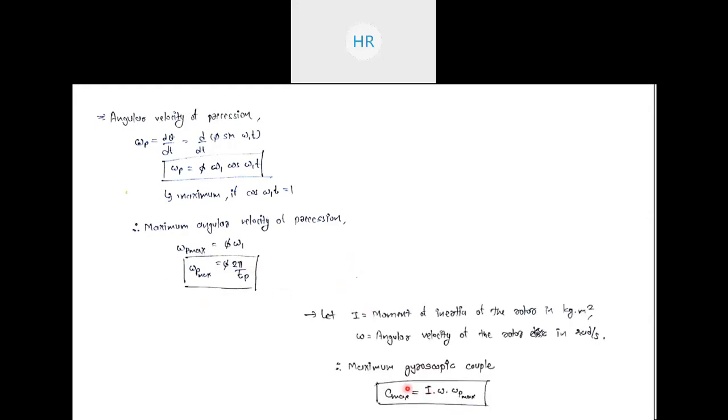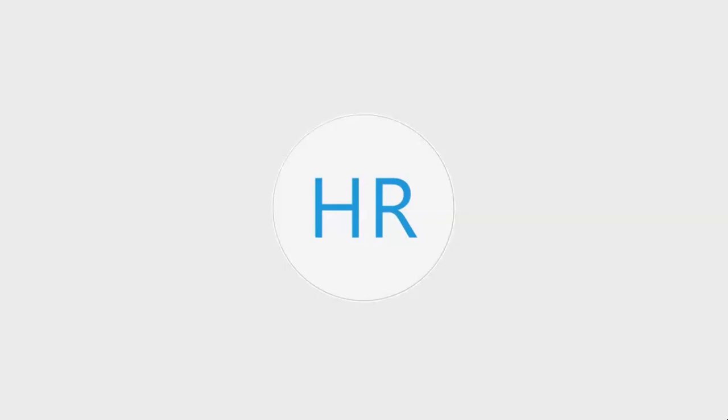So આ જે C maximum નો ઇક્વેશન છે તે તો સેમ જ રહેશે, I omega p max, બટ આ જે omega p છે તેની વેલ્યુ આપણે આ લેવાની રહેશે phi into 2 pi by tp. Okay, so that is the difference in pitching portion. So that we will discuss next topic in next lecture because we are running out of time.